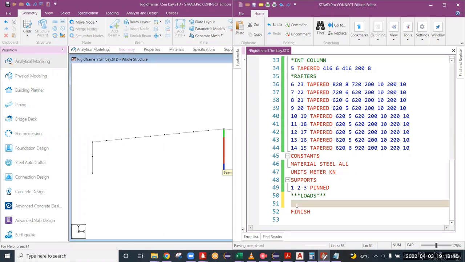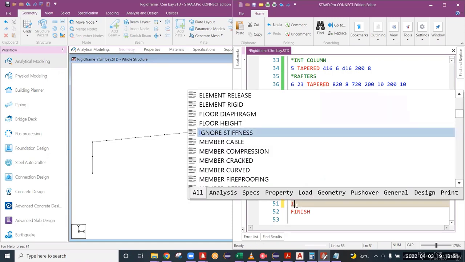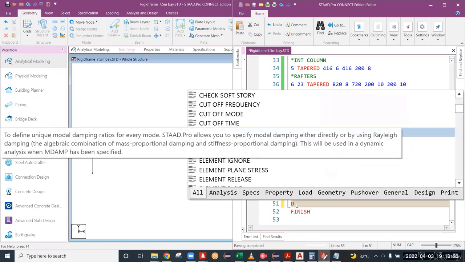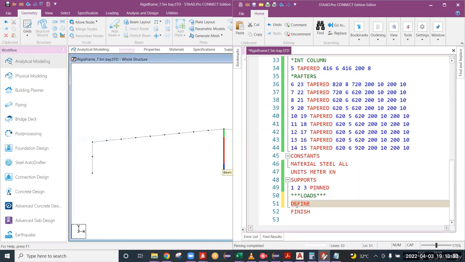So first I have to define IBC. For that, I'm defining, sorry. All this is syntax. I'll let you know how to do it without syntax also. Don't worry about all these things.